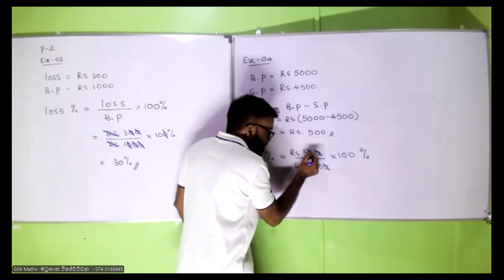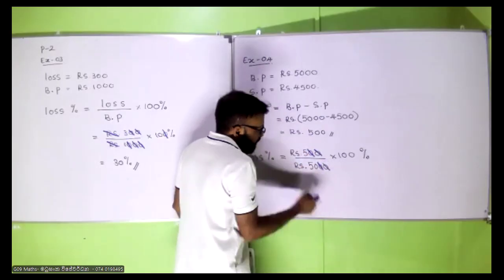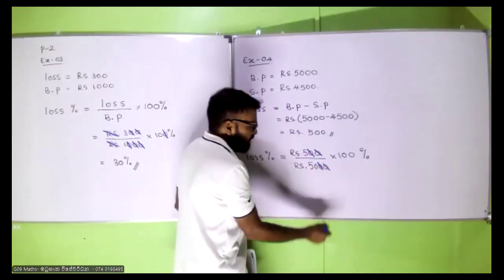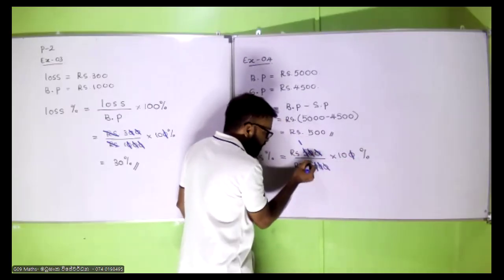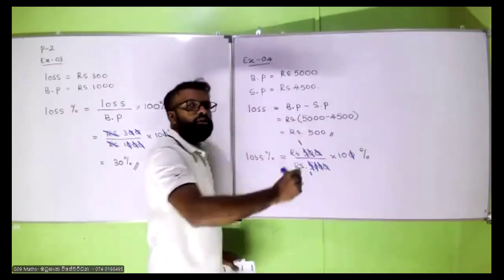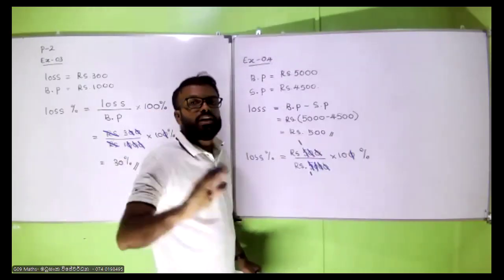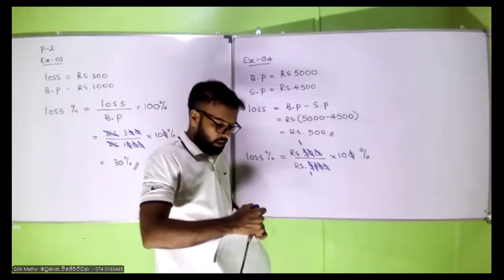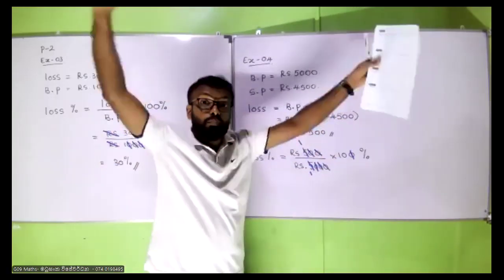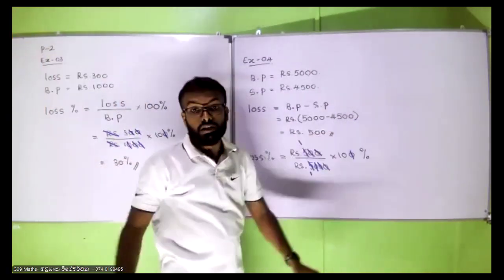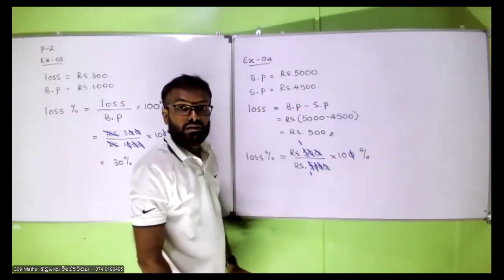Cancel 0 with 0. Here I have again a 0 with 0. 5 times 1. Please cut all the things that you can before going into multiplication. Otherwise you will have a large numerator and a large denominator, and you have to simplify separately.